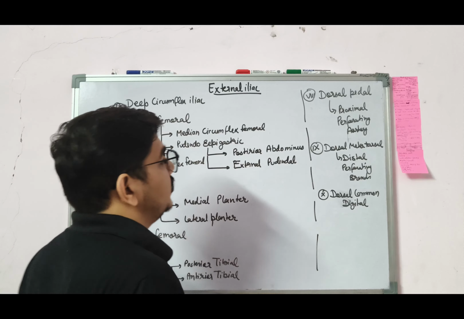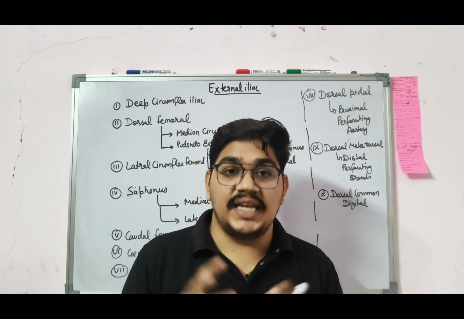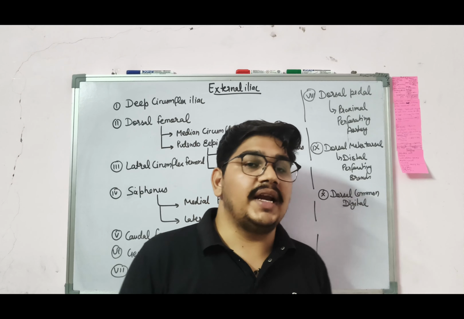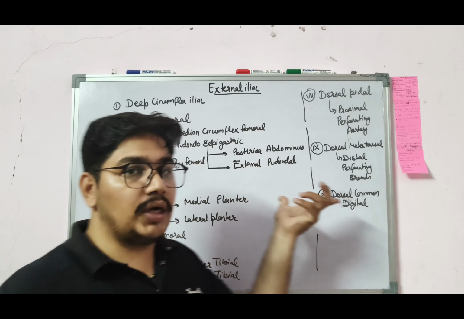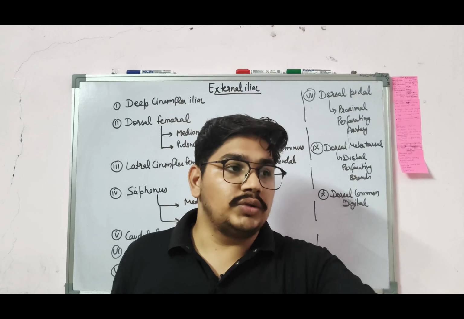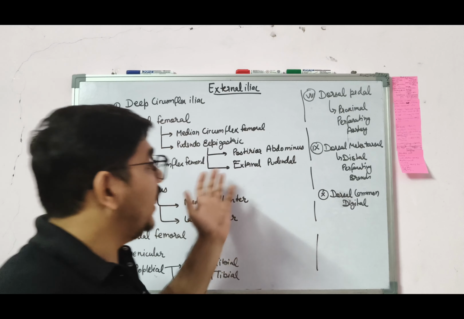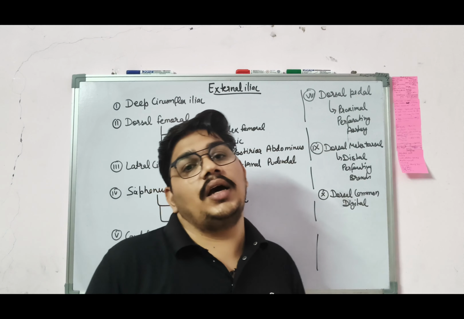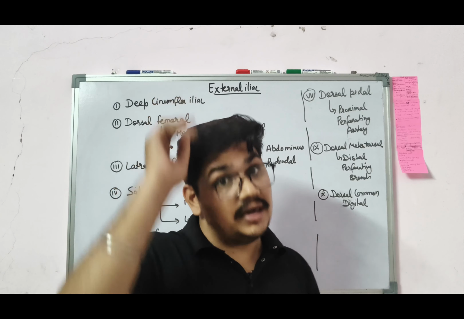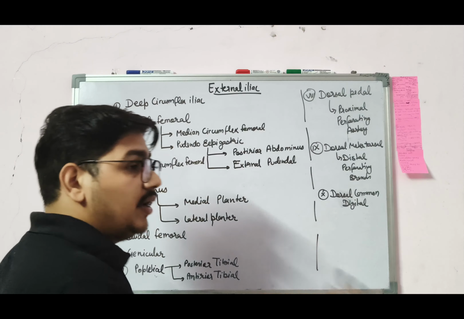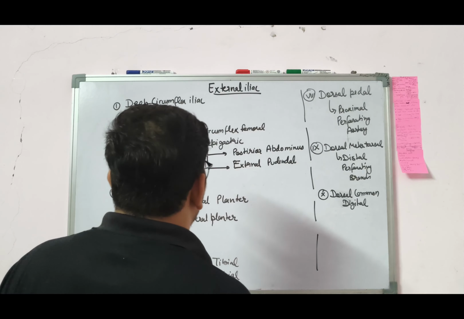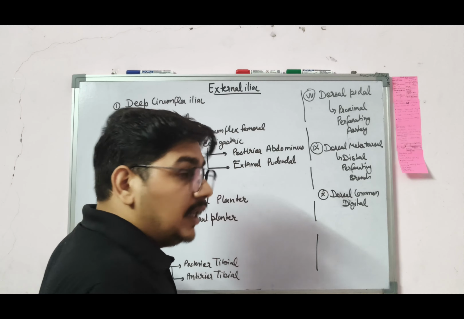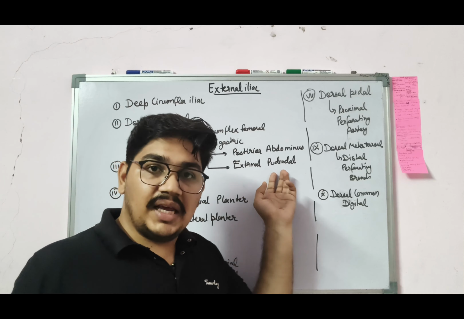The external pudendal extends to the genital parts; in a male it supplies the scrotum and extends to the prepuce, and it anastomoses with the internal thoracic artery of the axillary artery we studied before, and we have a separate video for that.